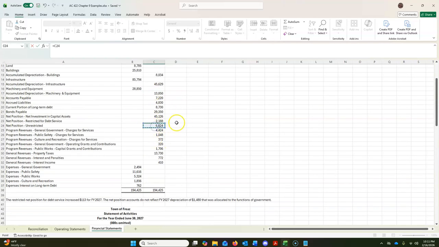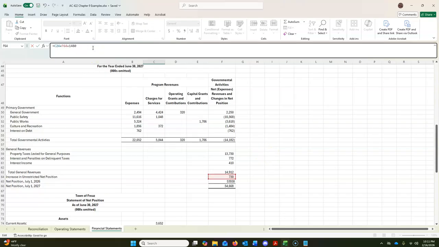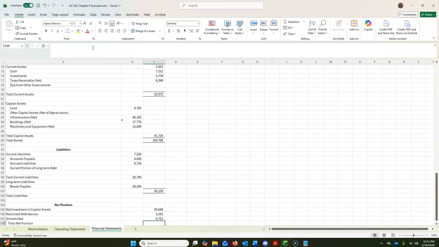So the 6,624. Then we're going to add our increase in net position here from our statement of $730. We're going to add that $1,480 in depreciation, and we're going to subtract the $113 in debt service.